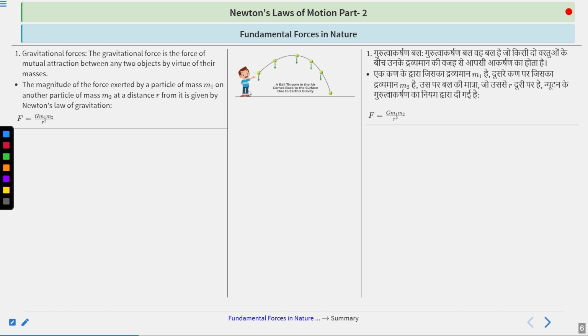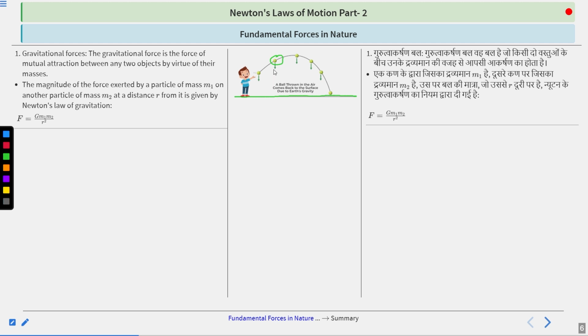Here you can also see this in this picture. This line that you are seeing is the earth's surface. The earth is also a body, and the ball that you can see over here is also a body. Whenever you throw a ball in the upward direction, you will notice the ball comes down to the earth. Why is it happening? Why is the ball not maintaining its position upside? Why is it coming down?